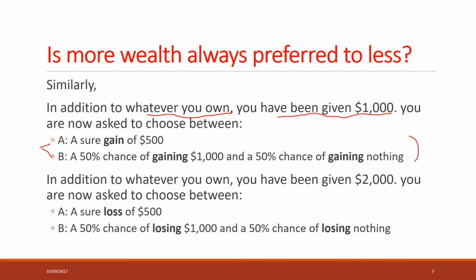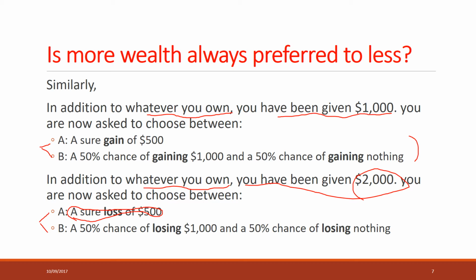In the second set of questions, we once again start with, say, $1 million, which is our current net worth. We are then given $2,000, right? But we have to pick between these two options. So in the first option, we have a 100% chance that we're going to make a loss of $500.